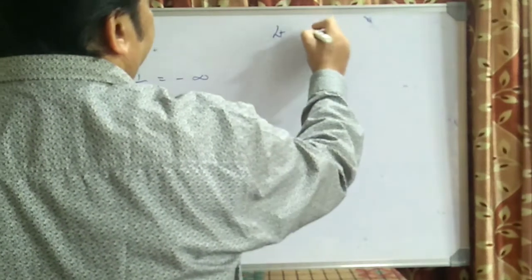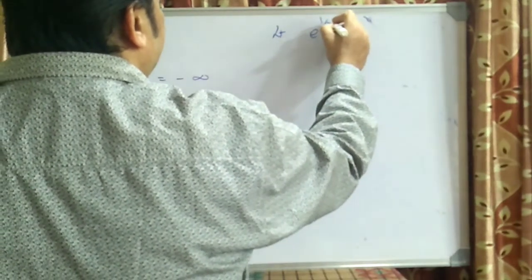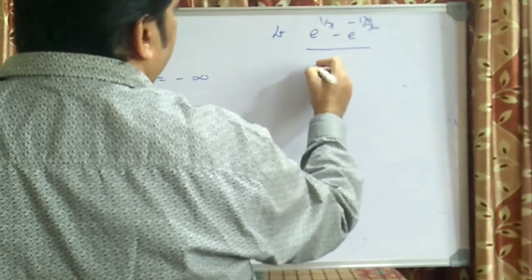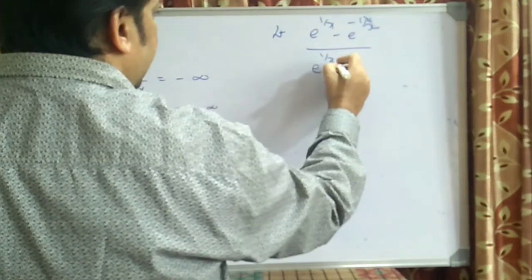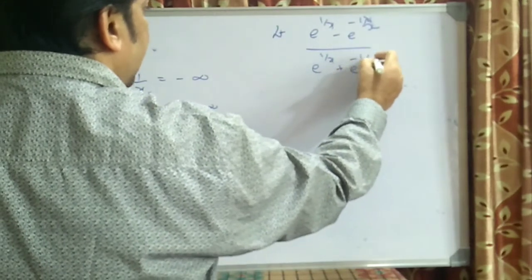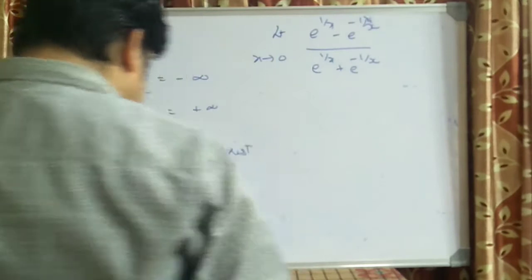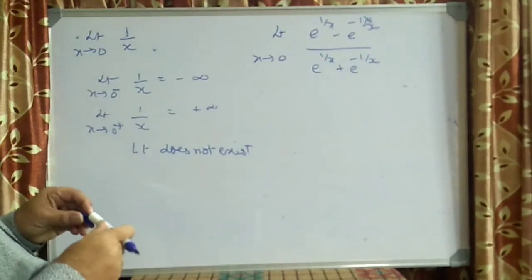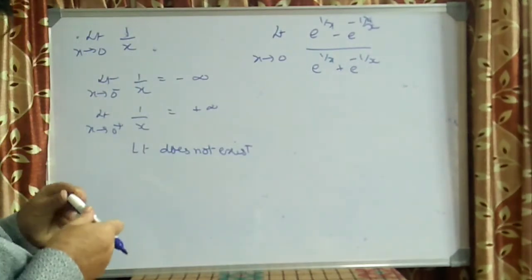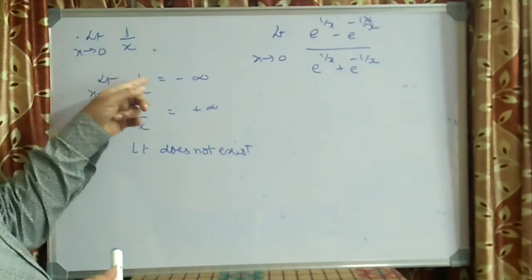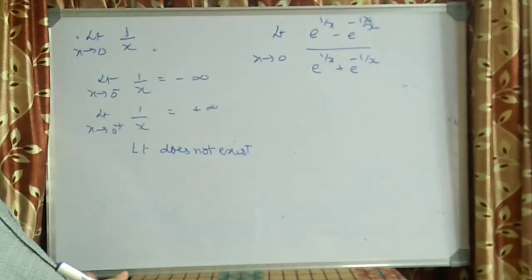Limit of e to the power 1 by x minus e to the power minus 1 by x divided by e to the power 1 by x plus e to the power minus 1 by x as x tends to 0. In this case, it is very clear that the limit does not exist because limit 1 by x as x tends to 0 does not exist.